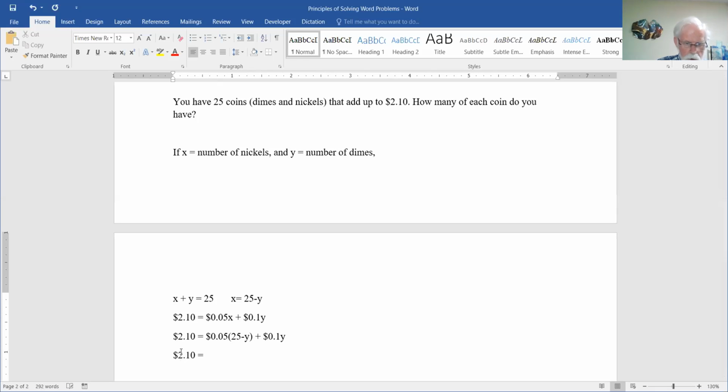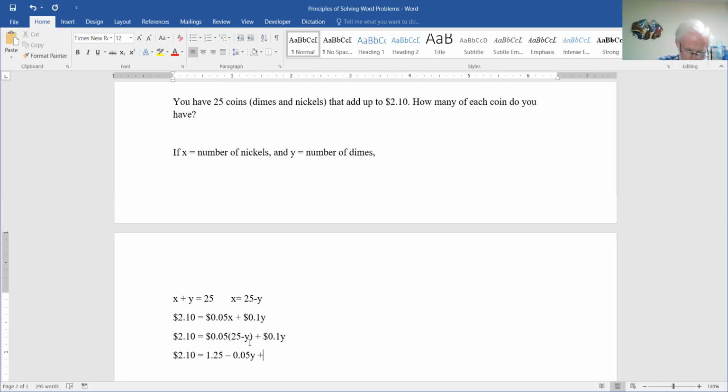$2.10 equals 0.05 times 25. So we can pull out our calculator, and we calculate 1.25. Minus 0.05 times y is 0.05y.